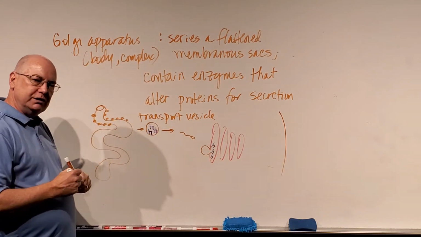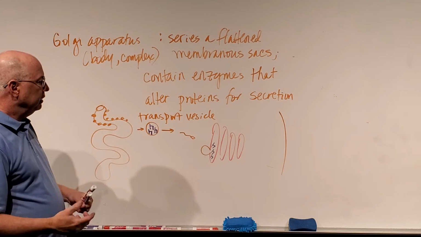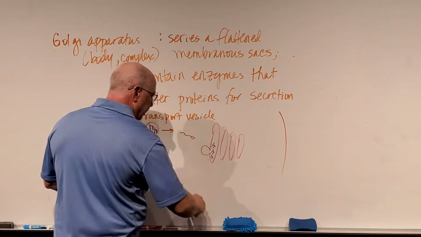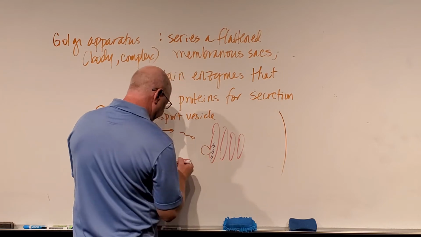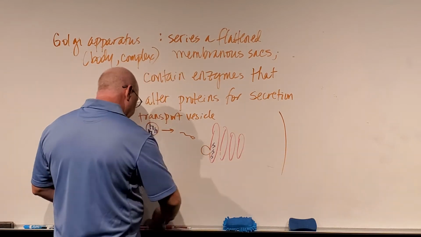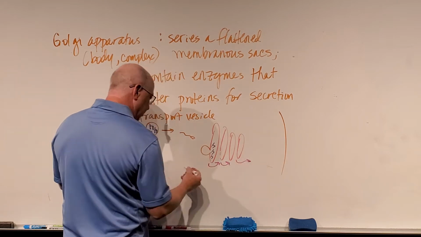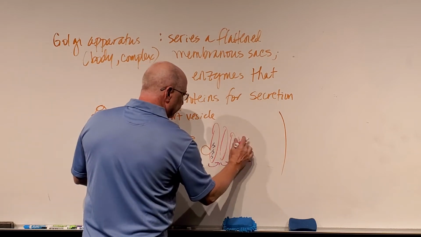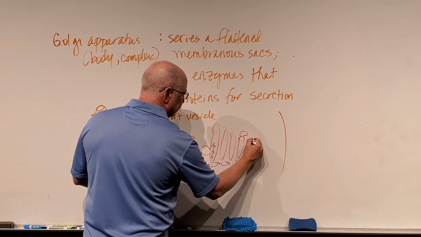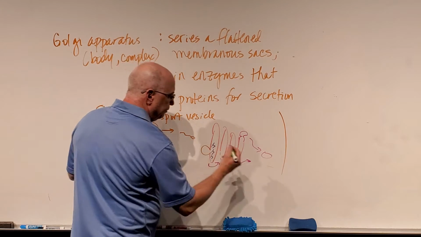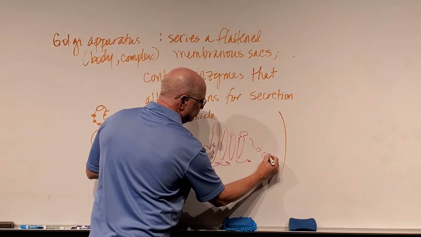And let's say the proteins need to be modified or altered for some reason. Then when it passes through the series of membranous sacs and comes out the last one, we can pinch a little bubble of membrane off of this that will have the protein in it, but now the protein might be altered to some degree.